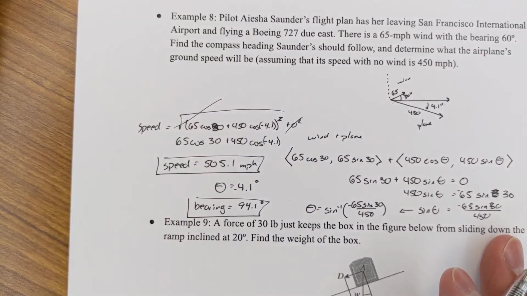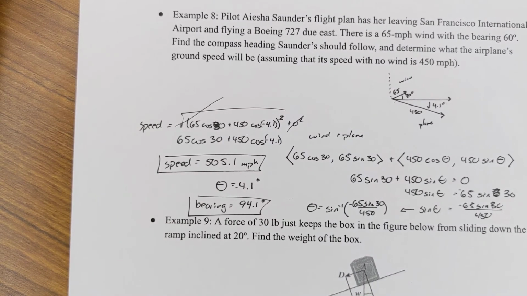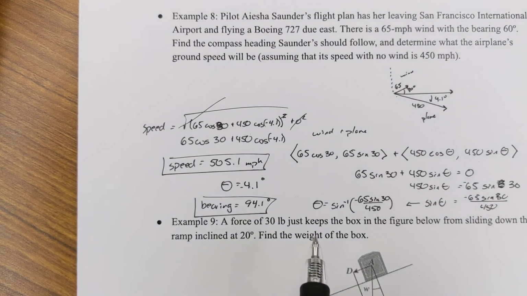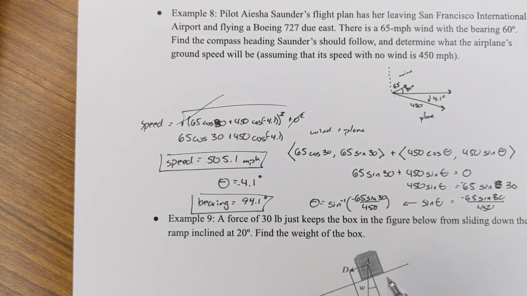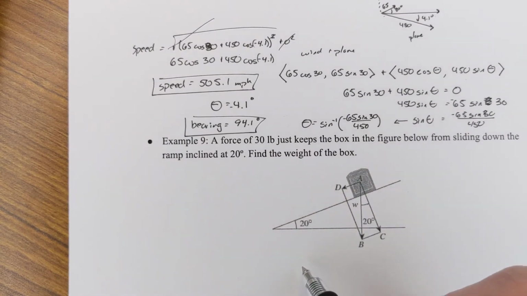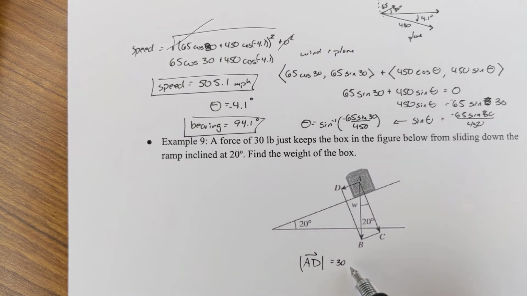Okay, and example 9 here. A force of 30 pounds just keeps the box in the figure from sliding down the ramp inclined at 20 degrees. Find the weight of the box. So we know that this force here, AD, has to be 30, because the box is trying to slide down, so we have to push up with 30.